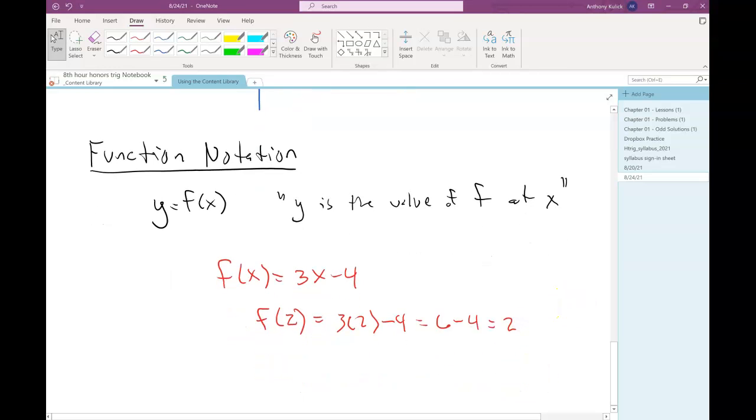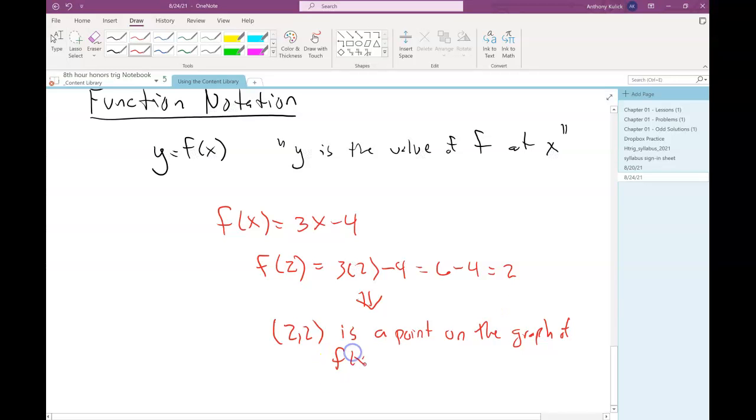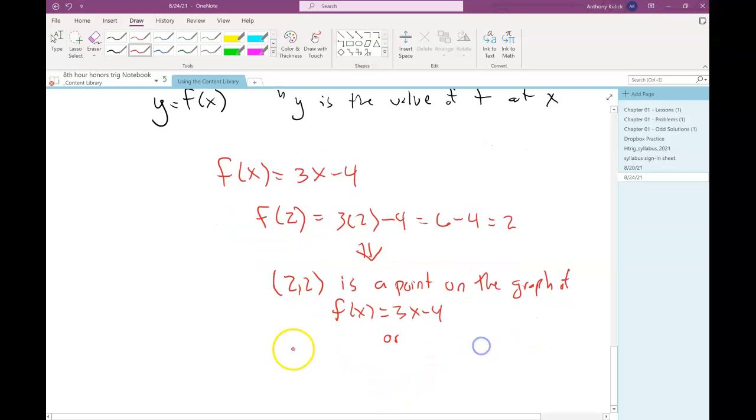So the fact that f of 2 is equal to 2 would imply to me that (2, 2) is a point on the graph of that function, or that (2, 2) is a solution to the two-variable equation y equals 3x minus 4.